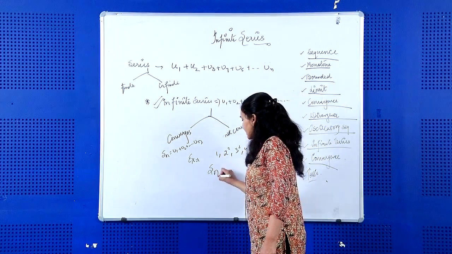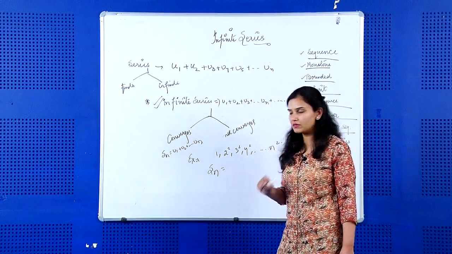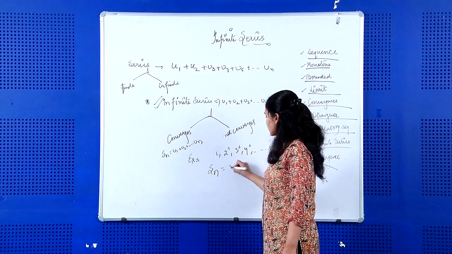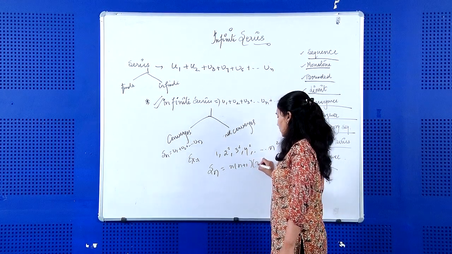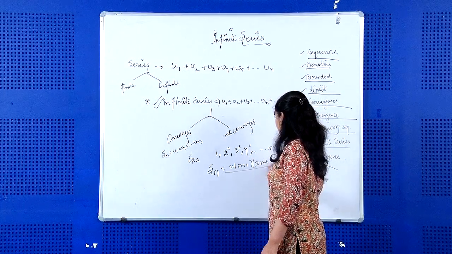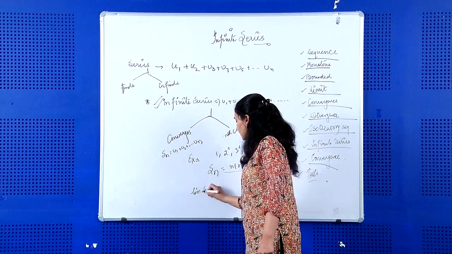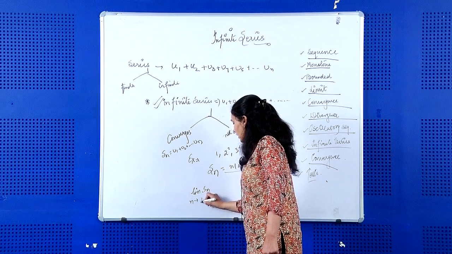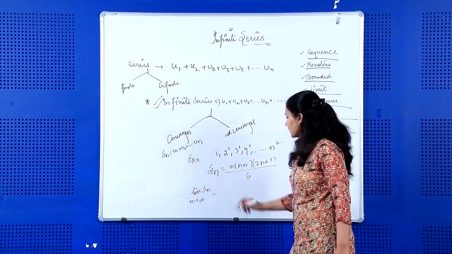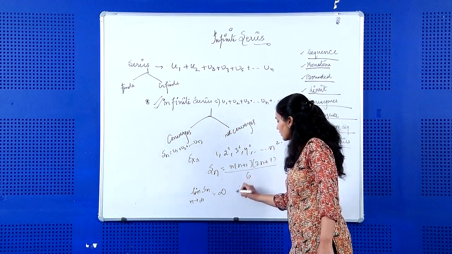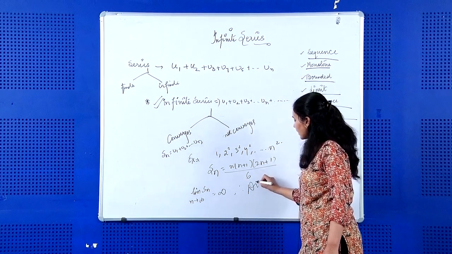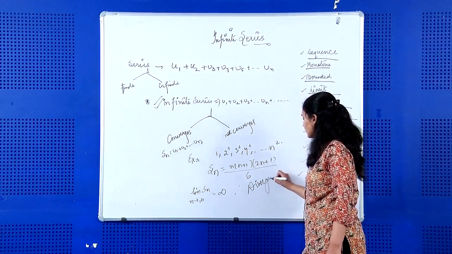If I calculate this Sn, we know the sum of squares of n natural numbers is n into n plus 1 into 2n plus 1 upon 6. If I find the limit of Sn where n tends to infinity, we will see its limit will be infinite. So, we can say it is divergent or not convergent.